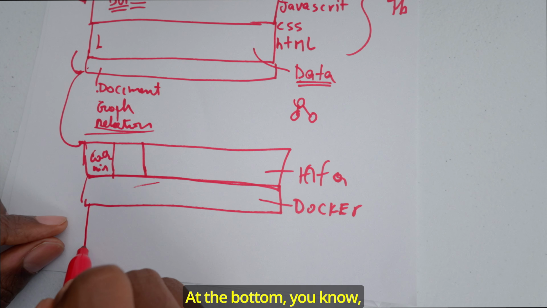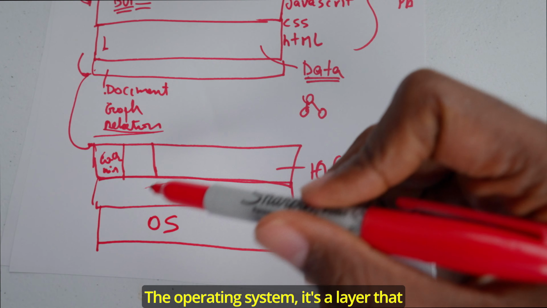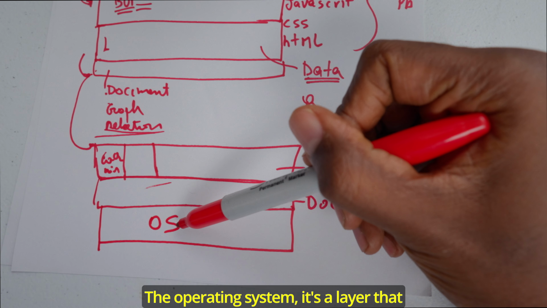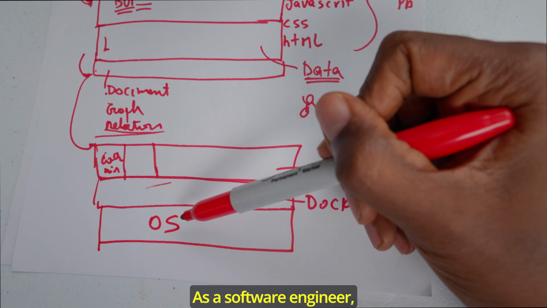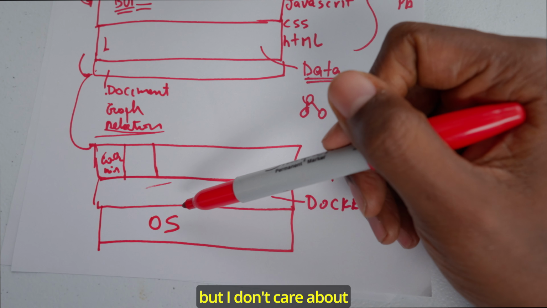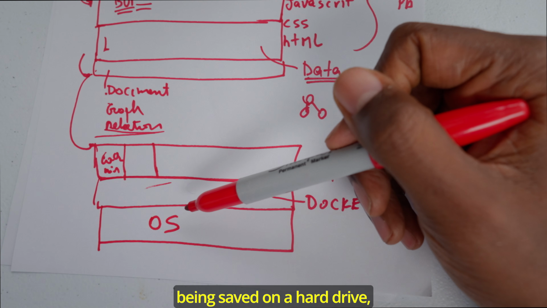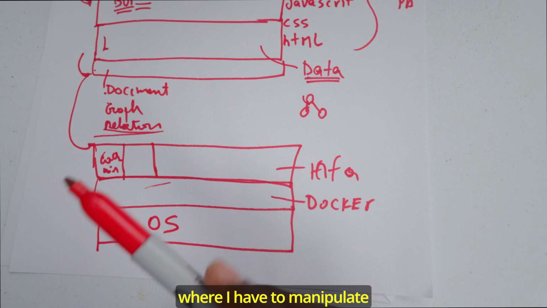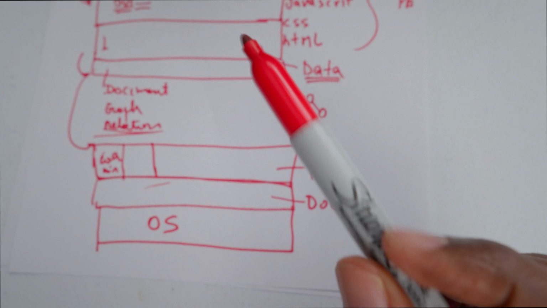At the bottom, you have the operating system. The operating system is a layer that is on top of the hardware. As a software engineer, sometimes I just want to save a file, but I don't care about how the file is saved. I don't care if the file is being saved on a hard drive where I have to manipulate the disk and move the disk.